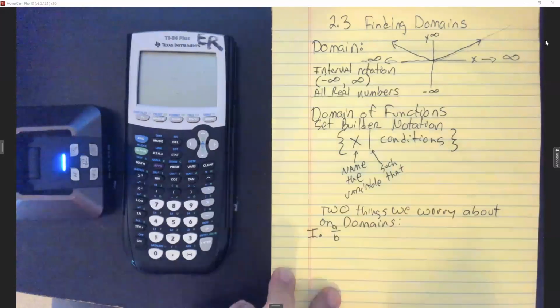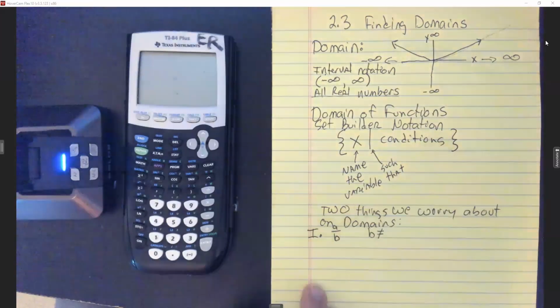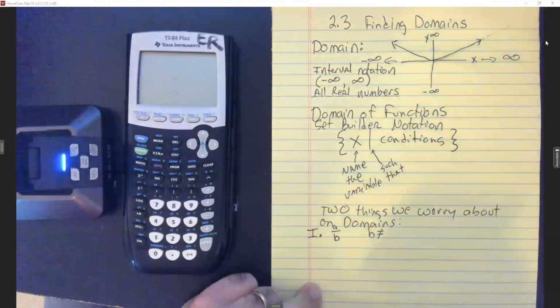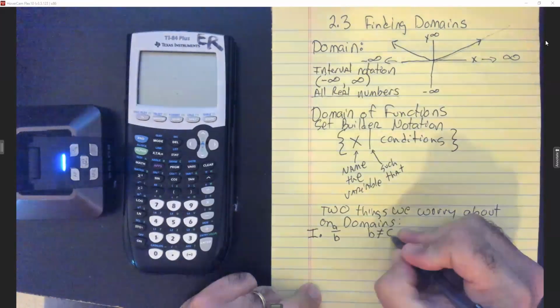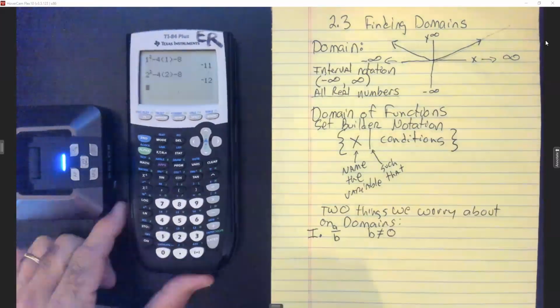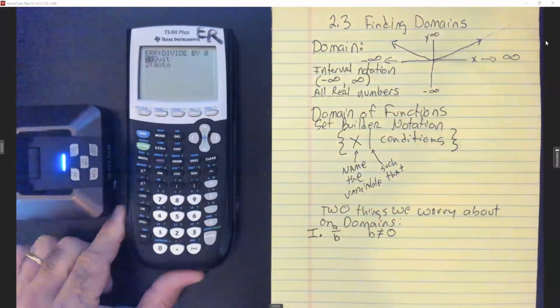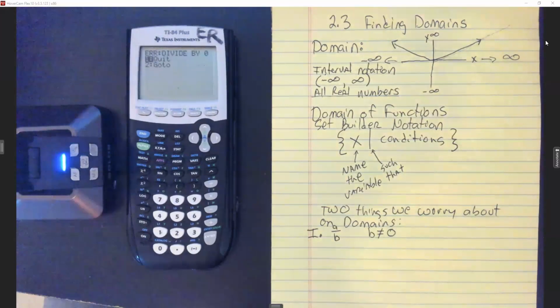Because on a fraction, the bottom of that fraction cannot equal a certain number. And that number is 0. So let me show you on this calculator. If I try to divide any number by 0, y'all, I'm going to get an error because I tried to divide by 0 and I cannot do that.